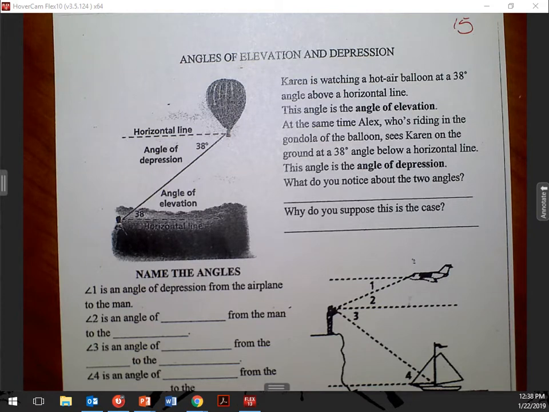So the angle of depression is going to be top down, from the top of the angle down. And the angle of elevation starts from the bottom and goes up. So it's the opposite of depression, because depression goes down, elevation goes up, right?